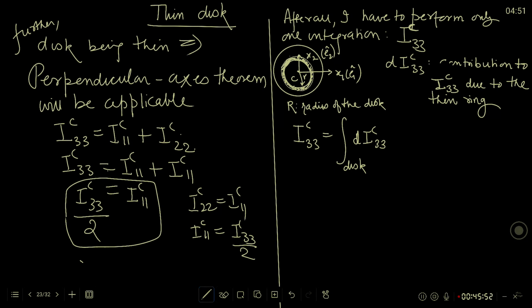What is DIC33? I would say DIC33 is dm times x1 square plus x2 square, which is equal to small r square dm. Small r marked here, radius of the ring.